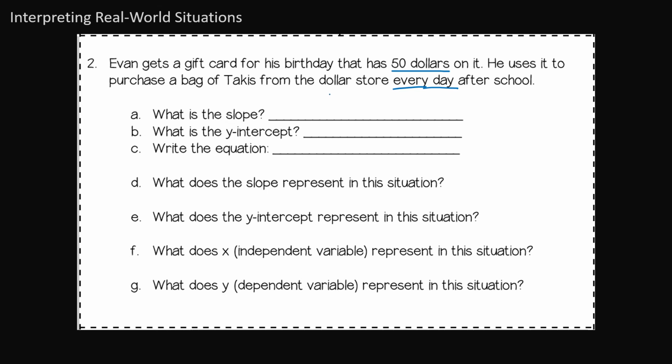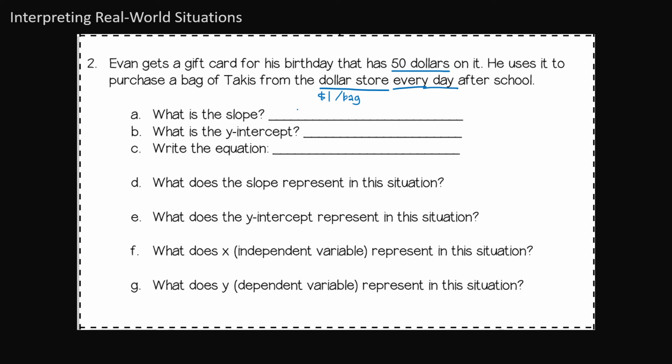And I don't see any other numbers in this problem, but I notice that he's going to the dollar store. And everything at the dollar store is $1. So I'm going to write myself a little note here: $1 per bag. So that's some identifying information.